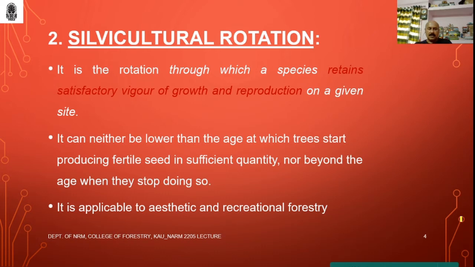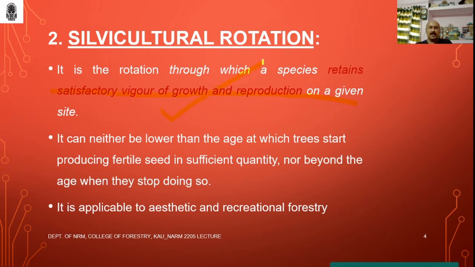Now silvicultural rotation is another variant of the physical rotation. It's a rotation through which a species retains satisfactory vigor of growth and reproduction on a given site. So it is not going to be as lengthy as the physical rotation, because it retains satisfactory vigor of growth and reproduction.